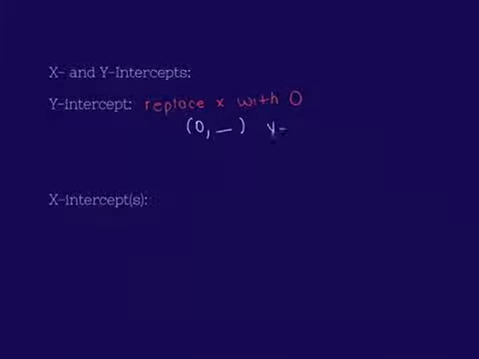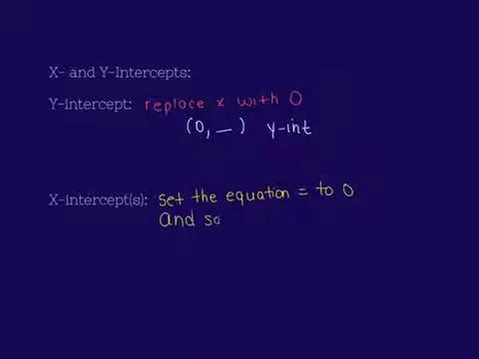And this is going to be our y-intercept. Now for our x-intercepts, we were just doing this when we were solving equations. We are going to set the equation equal to 0 and solve. And so remember, we talked about how the x-intercepts are sometimes called the zeros. So that is what we're finding here.